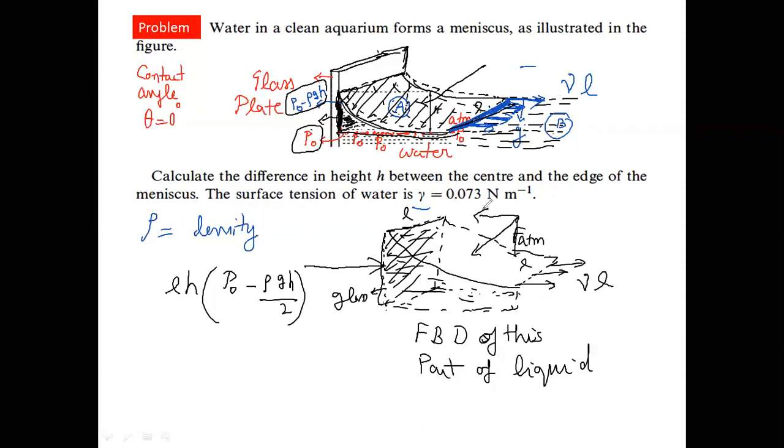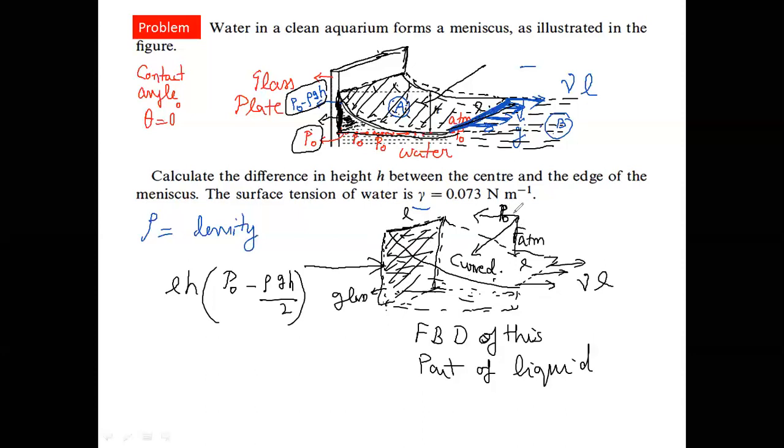The component towards the left side can be obtained by atmospheric pressure P naught multiplied by the projected area, the concept of projected area. If we project this curved surface onto the wall of the aquarium, its projected area should be L multiplied by H.